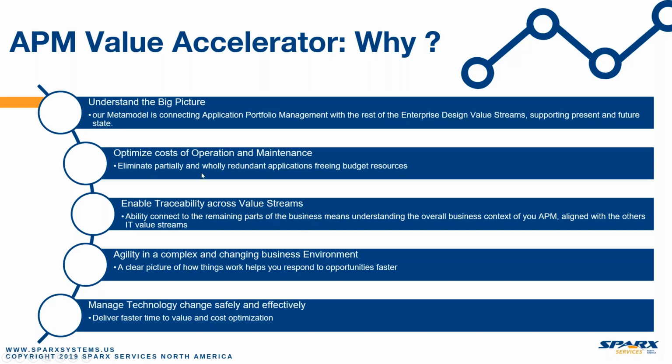This is a major, major win, because everyone in your company is going to be on the same page. Not only people administrating applications, but everyone from the solution architect to the enterprise architect to the executive. And this is how we believe that you can really achieve business agility in a complex and changing business environment.